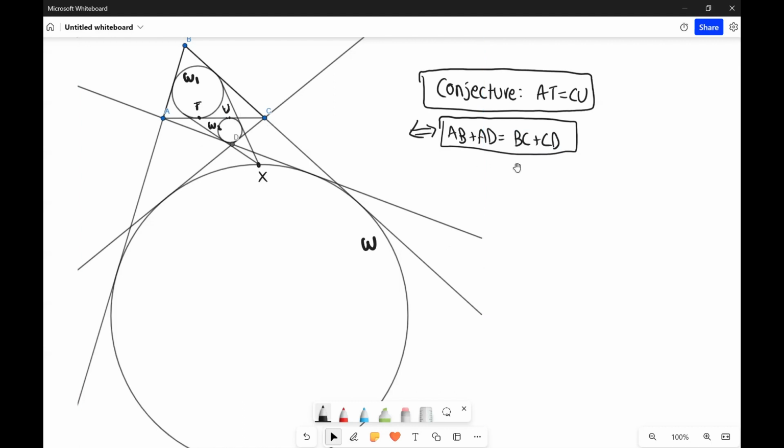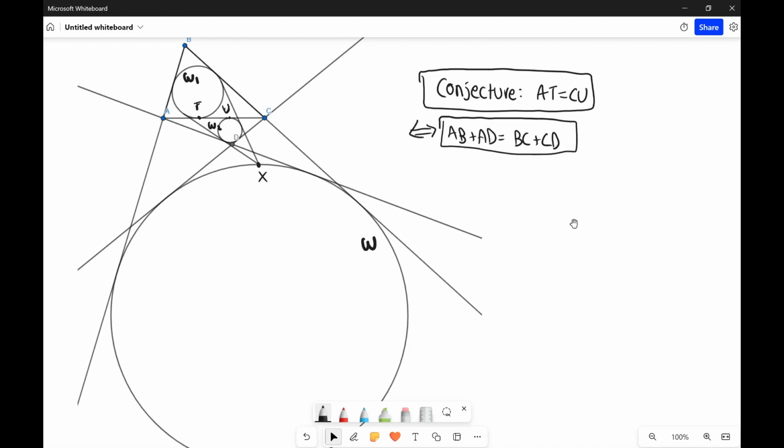This equation looks very similar, except now we have AB plus AD instead of AB plus CD. But now we recognize that omega exists, and it is tangent to all four sides of the quadrilateral. So we could try using that to our advantage.